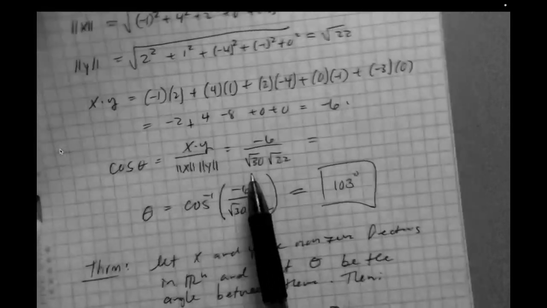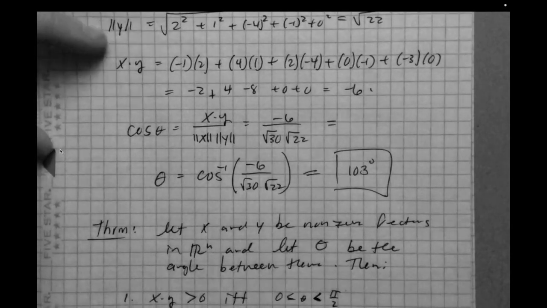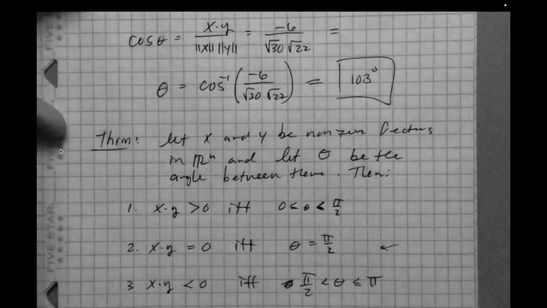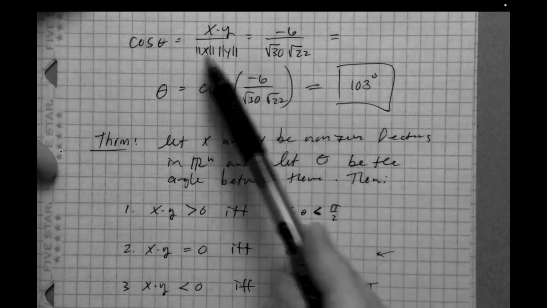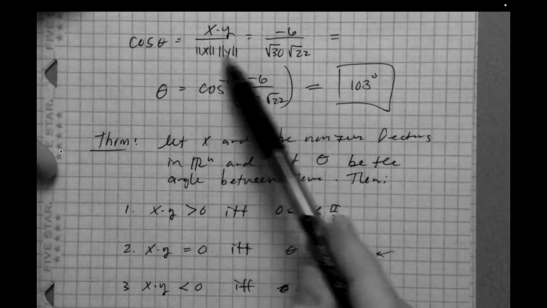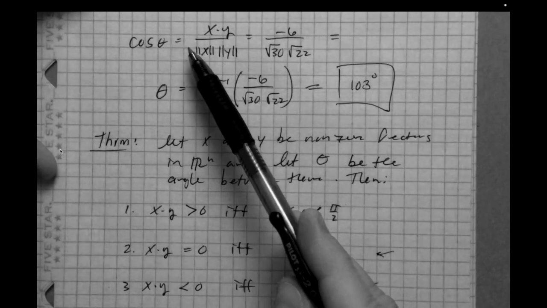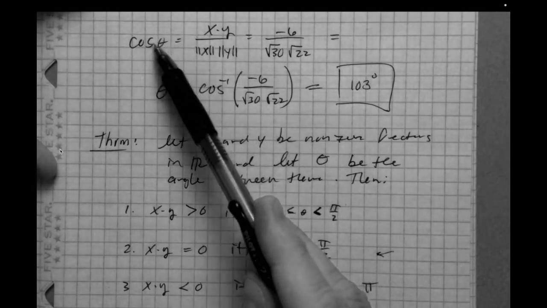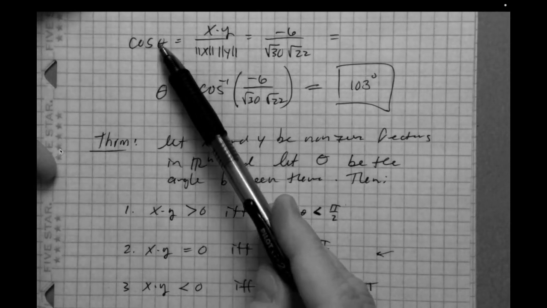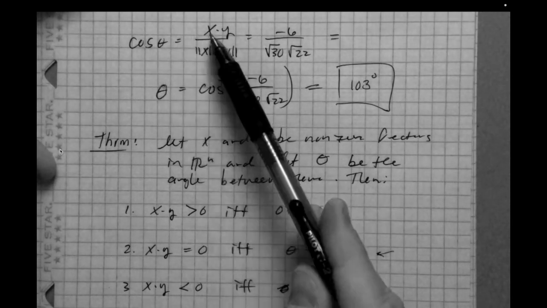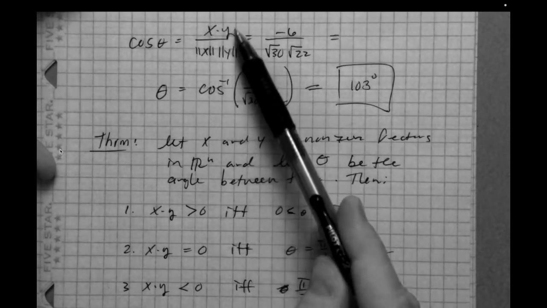Now if we look up here, we can see that cosine of theta is equal to this. We won't go through the proof formally, but I'll give you a sketch of what you want to check. The denominator here is always positive. So if cosine of theta is negative, which it obviously can be, then it has to come from the dot product.